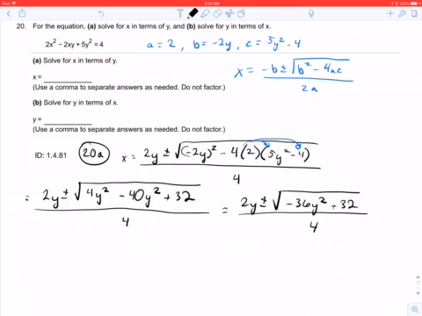That's what? 16. So let's factor out a 2. Let's move this around a little bit. So we have 2y plus or minus. Now let's factor out a 2 and reverse the order a bit. So we're going to have the square root of 2 times 16 minus 18y squared. We lose our perfect square there.